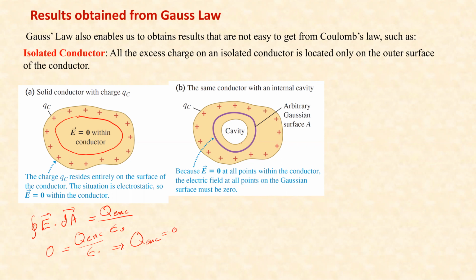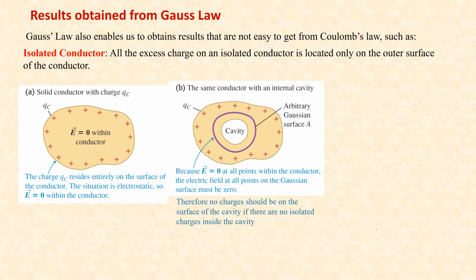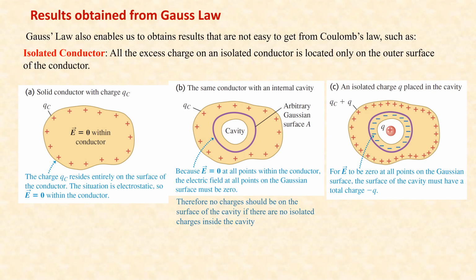Another thing is that if you have a cavity inside the conductor and there's no charge inside the cavity, then you make the same argument, and all the excess charges go only on the outer surface of the conductor. All right? But if you have some charge inside the cavity, like it is suspended somehow, if you have charge Q suspended here, and you use this Gaussian surface that's purple in here, again, integral of E dot dA is 0 for this surface.